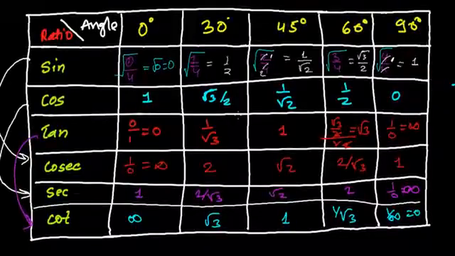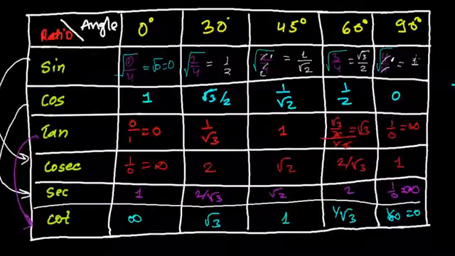One thing you need to keep in mind: first we write 0, 1, 2, 3, 4. Second, divide by 4, take the square root, and that's your value for the sine.